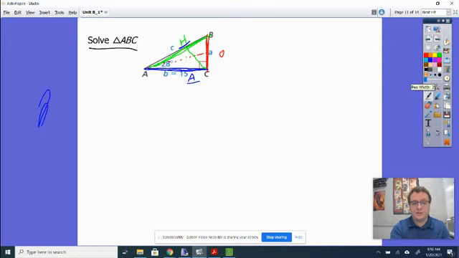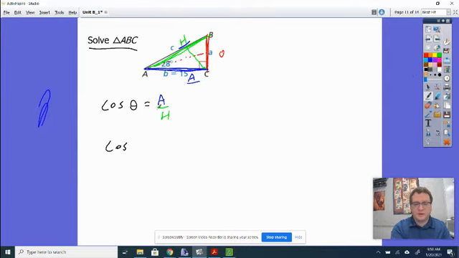Okay, well, adjacent to hypotenuse is cosine. So cosine of theta is equal to adjacent over hypotenuse. So we're going to plug in all those values.